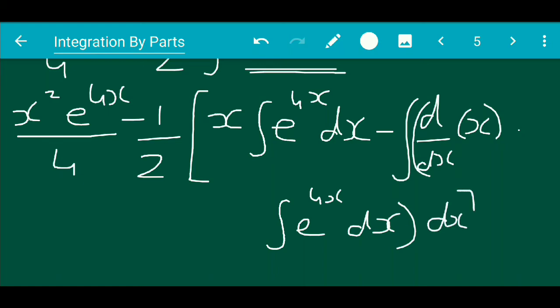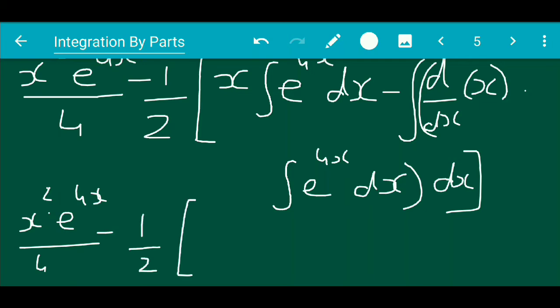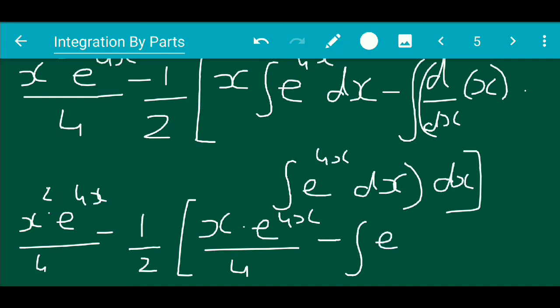The same formula, u into v formula is applied over here. So thus we get over here x square into e raised to 4x upon 4 as it is minus 1 upon 2 in the bracket. Now we get x into the integral of e raised to 4x is e raised to 4x upon 4 minus, now in the second integral sign d dx of x is 1 as you know, and integral of e raised to 4x becomes e raised to 4x upon 4.